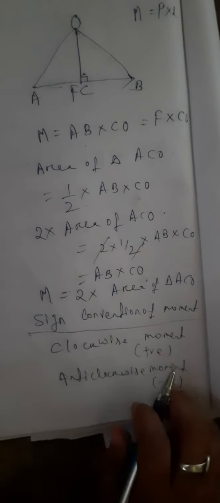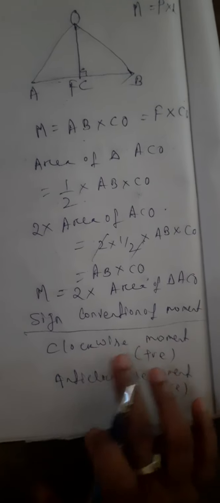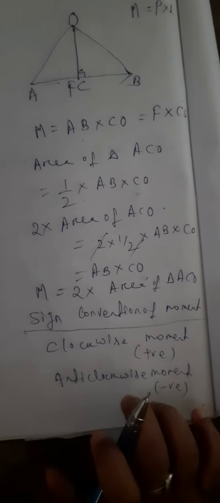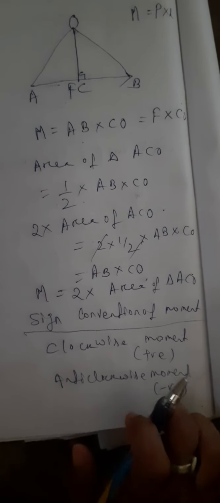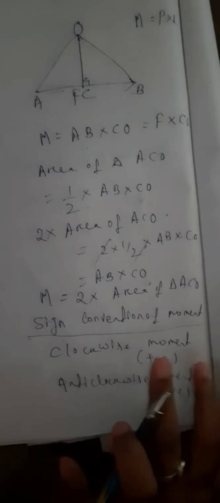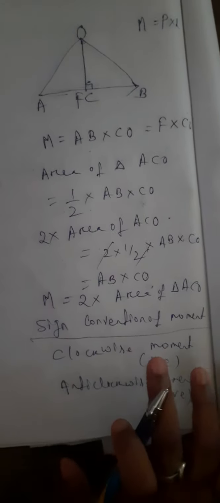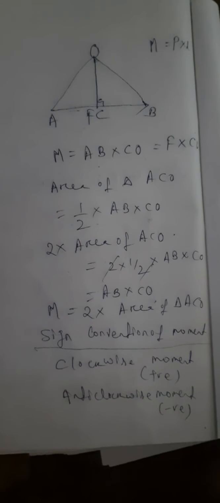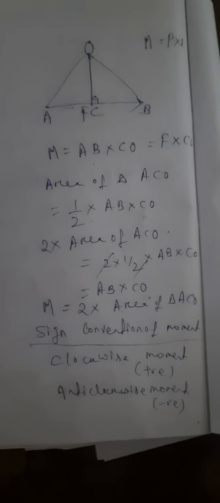It is not compulsory to take clockwise moment as positive; you can take anti-clockwise moment as positive and clockwise moment as negative. If we take one as positive, the other you have to take as negative, and vice versa. Now you have learned about the sign convention of moment.